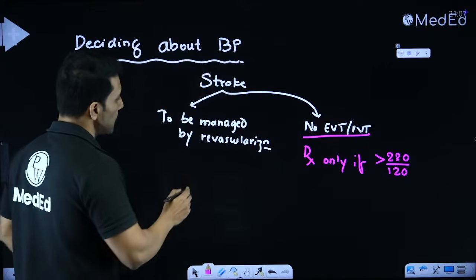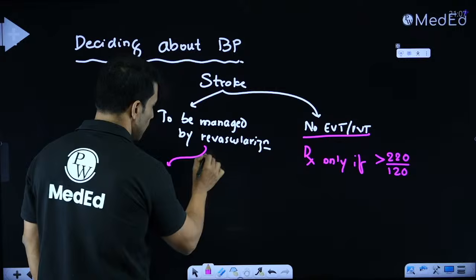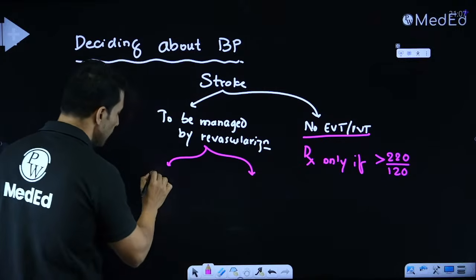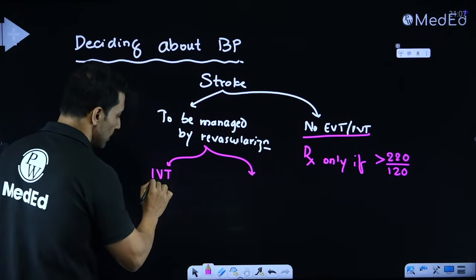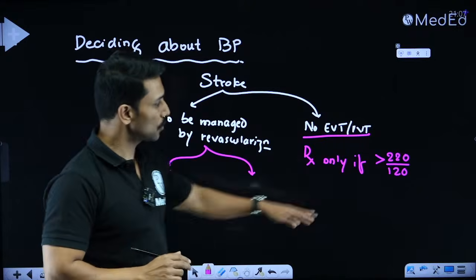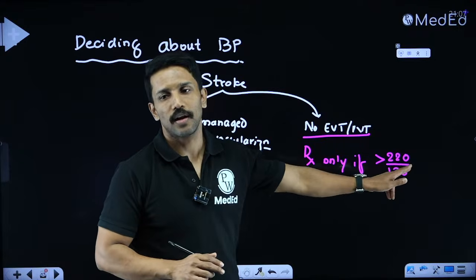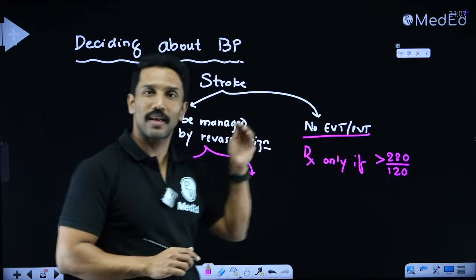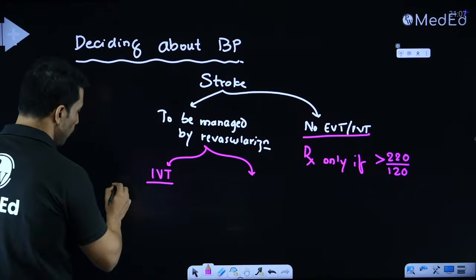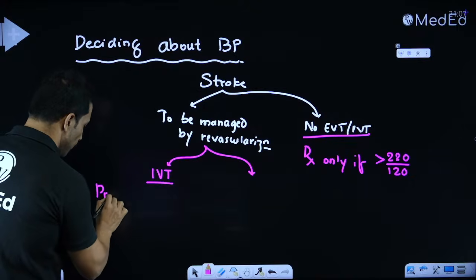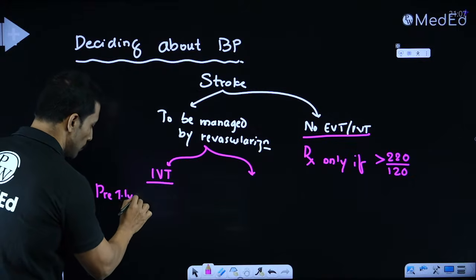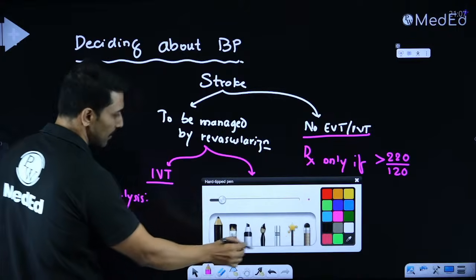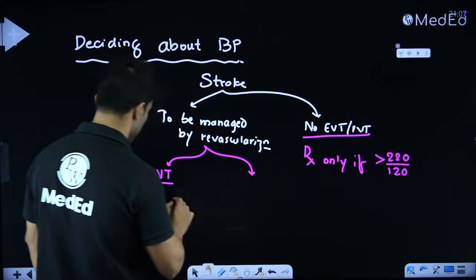But if the patient is to be managed by revascularization, if I'm going for IV thrombolysis, the tolerance level drops to 185 by 110. What I could tolerate as a normal blood vessel, 220 by 120, I can't tolerate. I can bleed before that, right? So if you're going for IV thrombolysis, pre-thrombolysis, your BP should be lowered to less than 185 by 110.